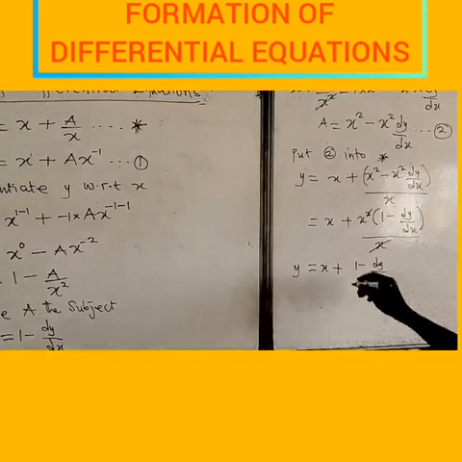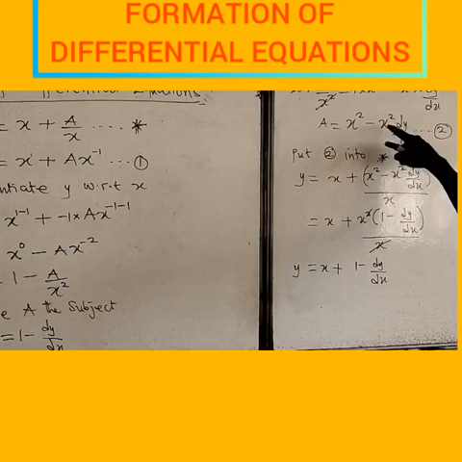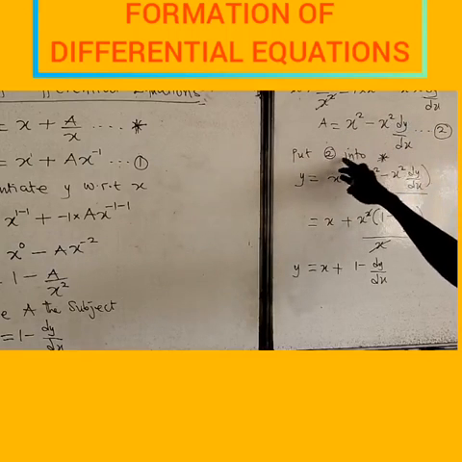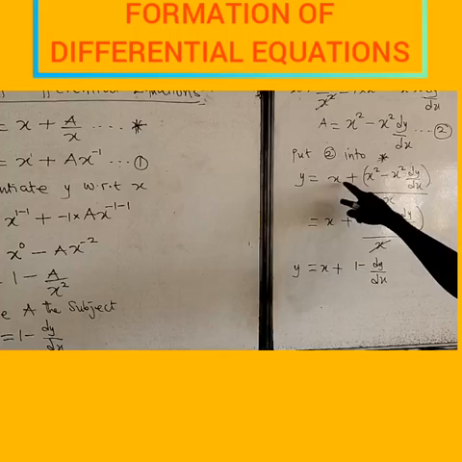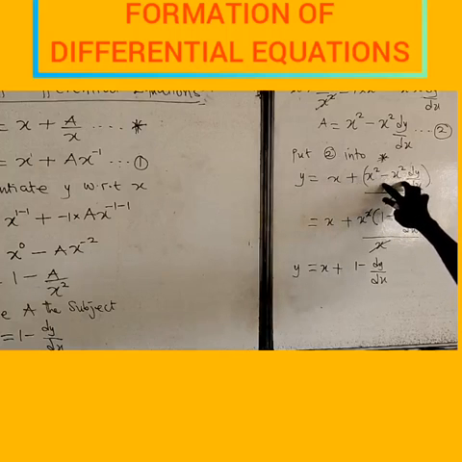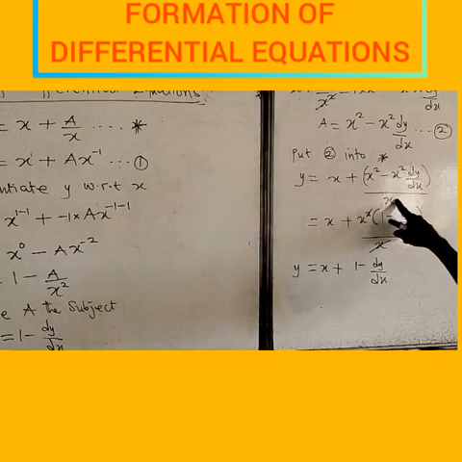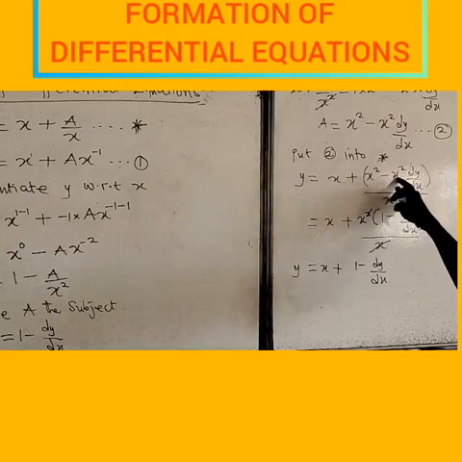So now, after we put equation 2 into equation star, we will get y equal to x plus a, where a is x squared minus x squared dy dx, times x all over x according to equation star. So we factorize x squared out.